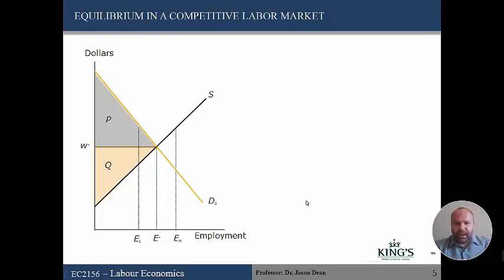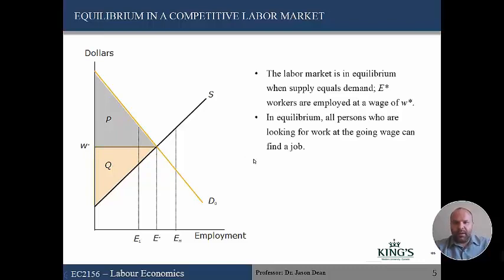So here we have an illustration of an equilibrium. So we have labor supply. We have the labor demand curve. The intersection point is here at W star and E star. Now, in equilibrium, all persons that are looking for work at the going wage, the equilibrium wage, can find a job.